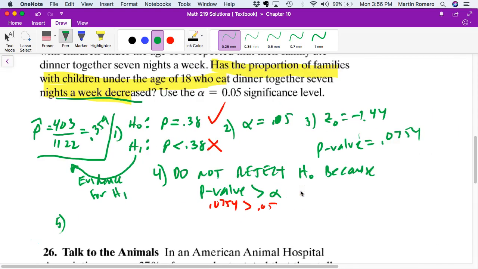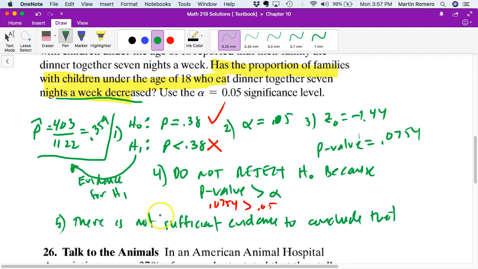So we end up saying there is not sufficient evidence. We said we had some evidence potentially because this is smaller, but we do not have sufficient evidence due to the p-value. We do not have sufficient evidence to conclude that p is less than 0.38.